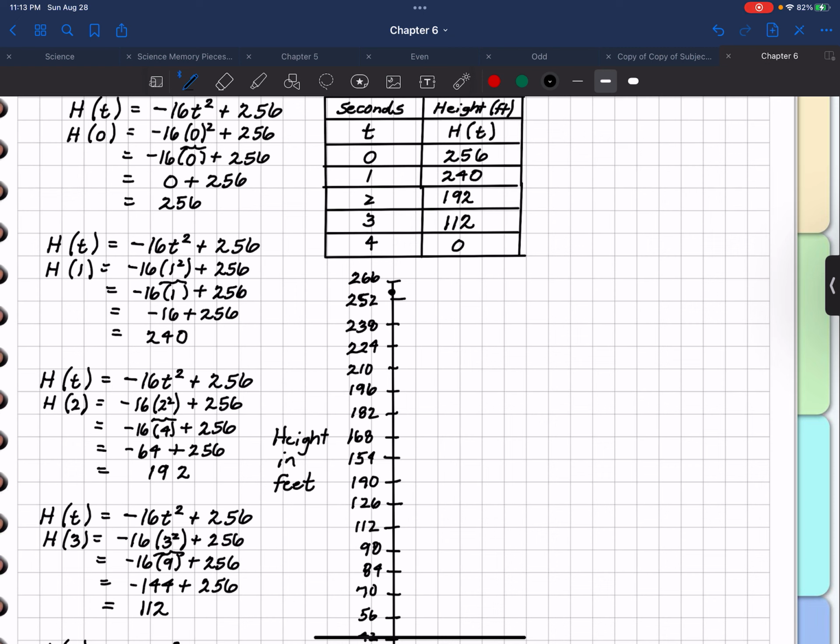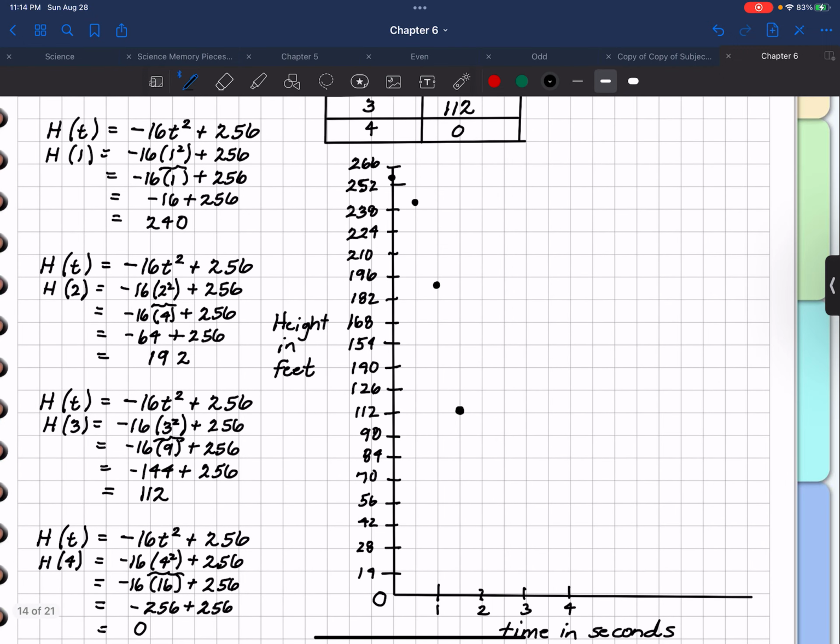When the seconds were 1, the height was 240. So about right there. When the height was 192, 2 seconds had elapsed. So let's go ahead and graph here. After 3 seconds had elapsed, the height was 112. And after 4 seconds had elapsed, the height was 0.